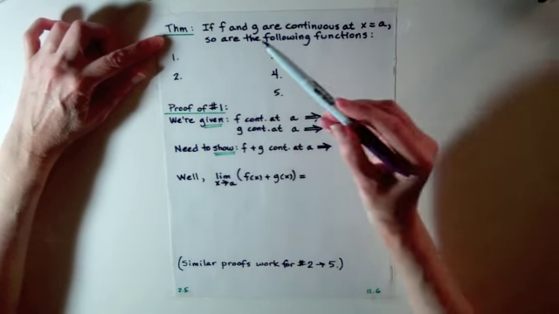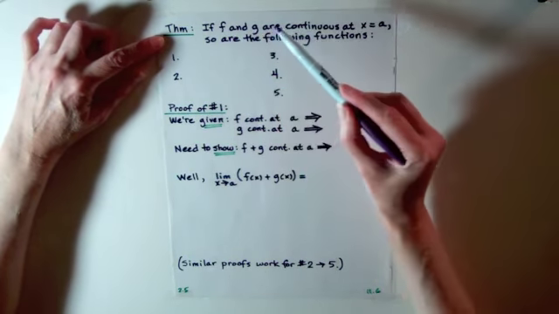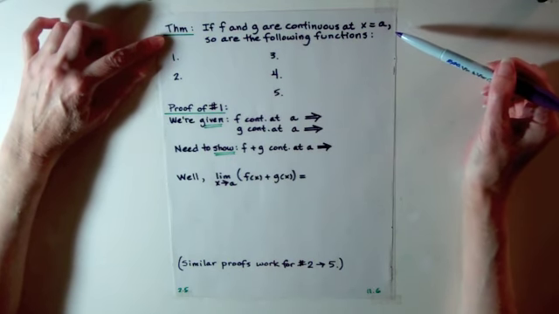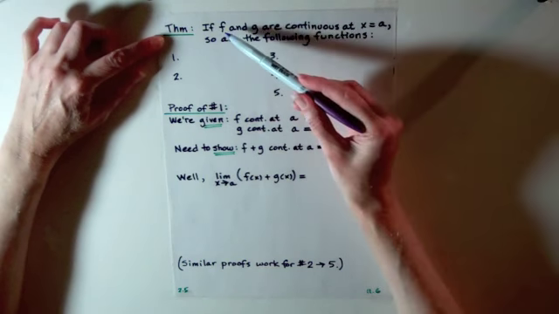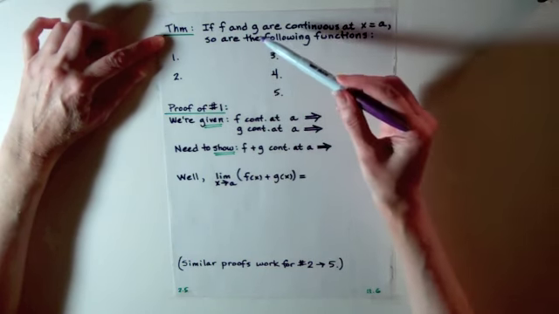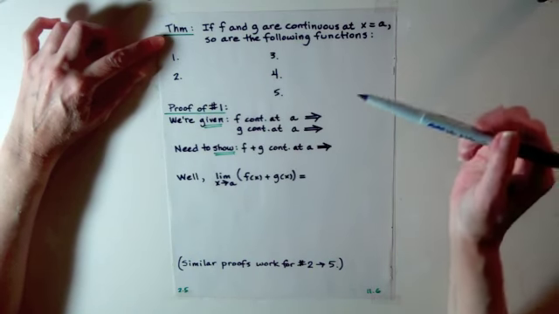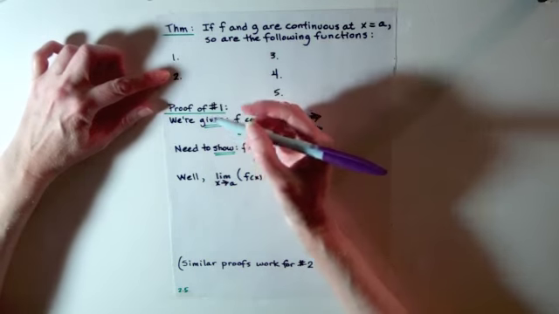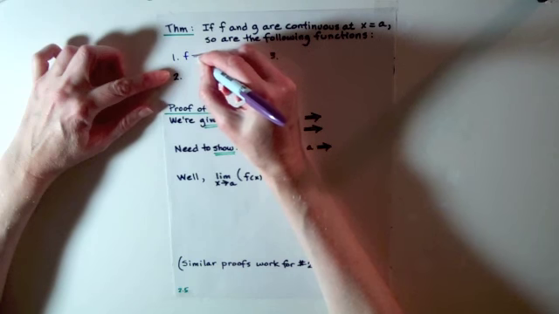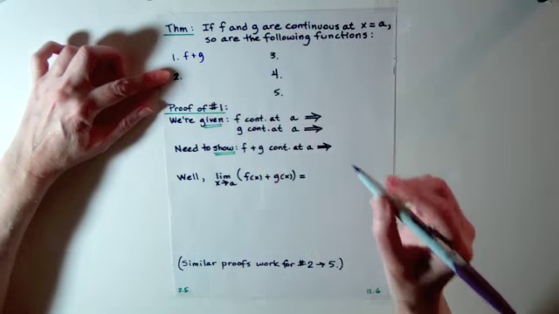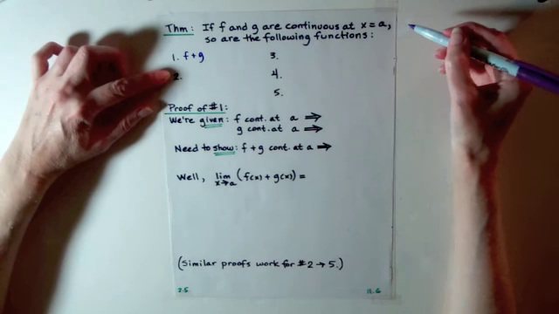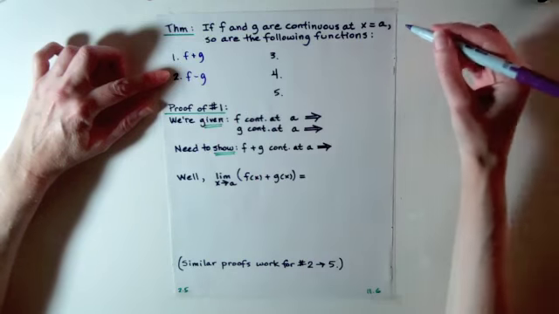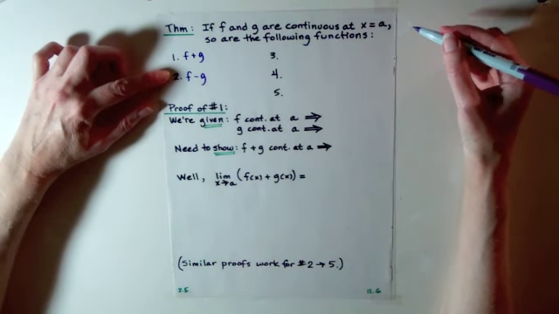It says the following: if we know that f and g are continuous at x equal a, so we're already given the information that f is continuous at a and g is continuous at a, then so are the following functions. It turns out that if we look at the sum function f plus g, that will be continuous at a. The difference function f minus g will be continuous at a.